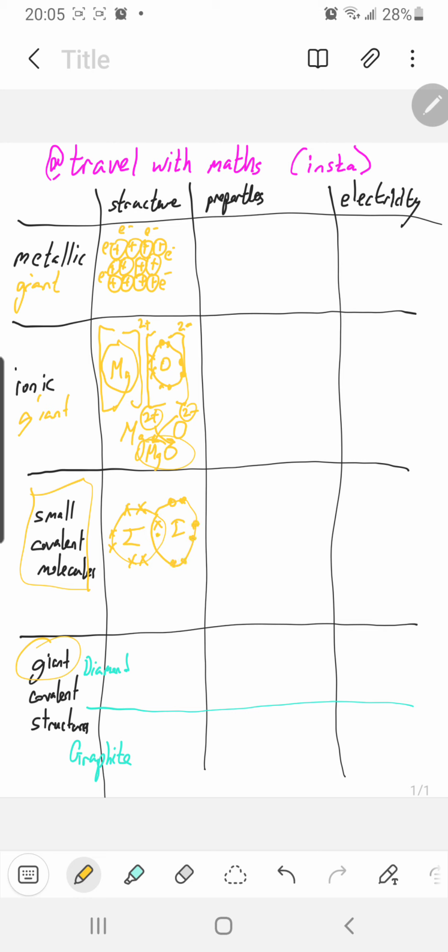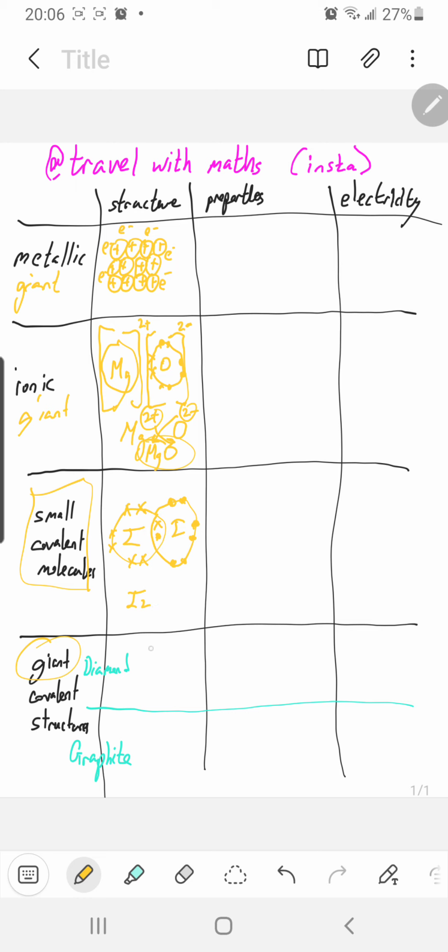So we have 7 dots, 7 crosses, because each iodine has 7 electrons only. And then they're shared in a way so that they each have 8. And you still have 7 dots and 7 crosses. Okay, so that's a neutral iodine molecule, and it's small.